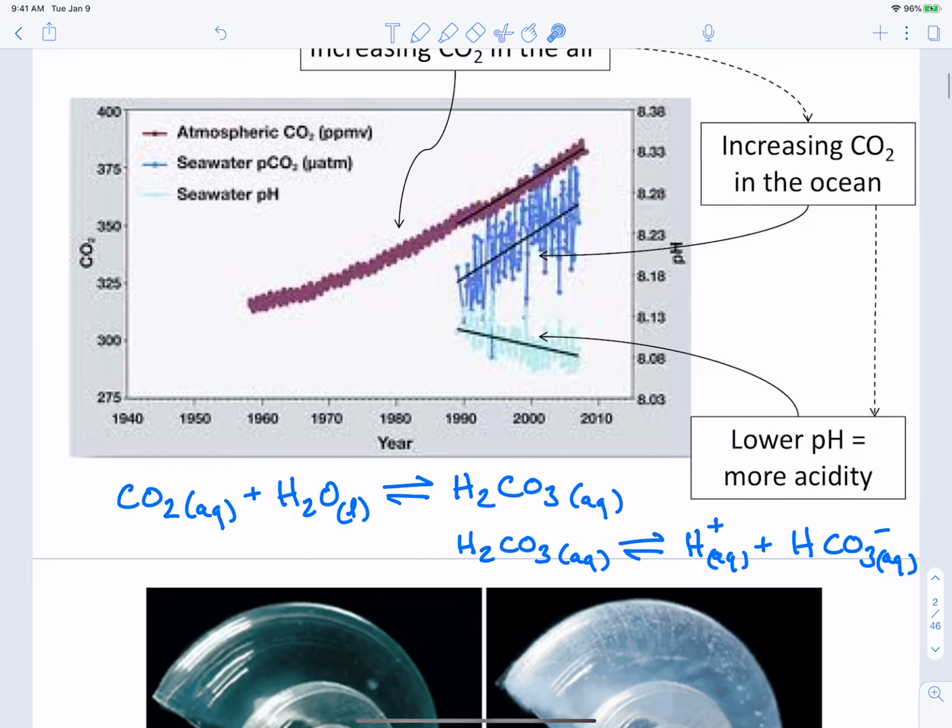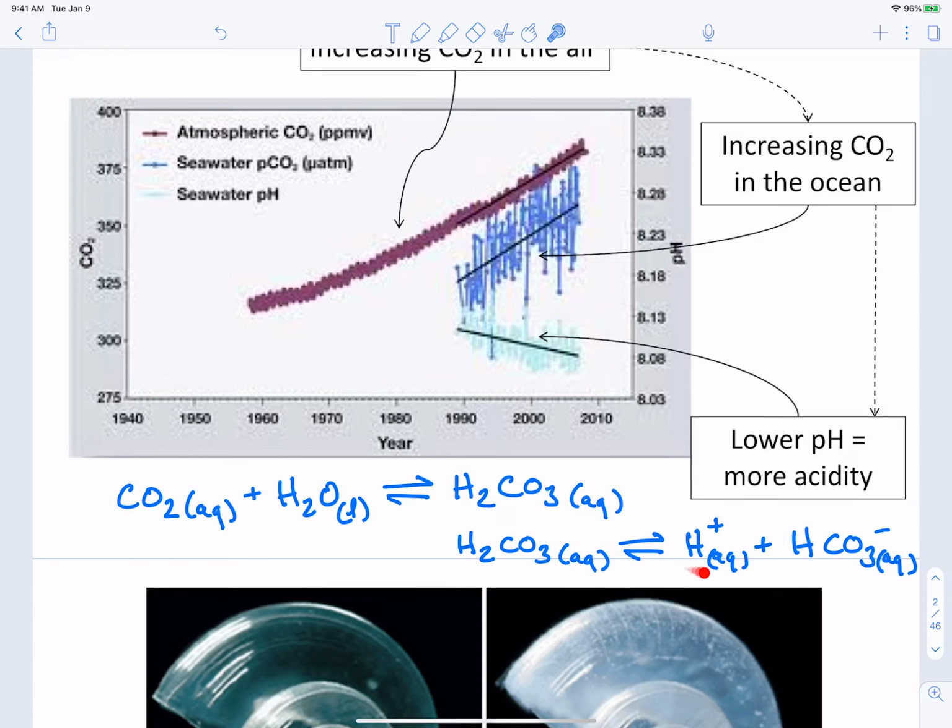Because it's an acid, by definition it's going to produce H+ ions in water, and it's going to produce the bicarbonate ion as well. And as this carbonic acid breaks to form H+, it can also go the opposite way. So this is also a reversible reaction, because the reaction can go in the forward direction or in the reverse direction.